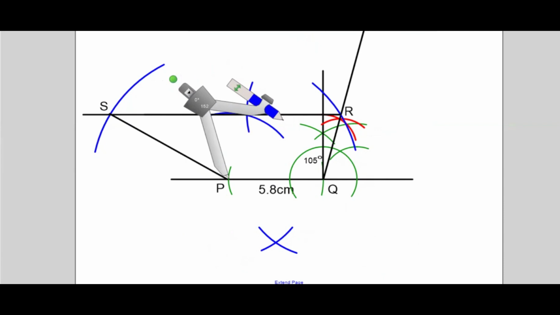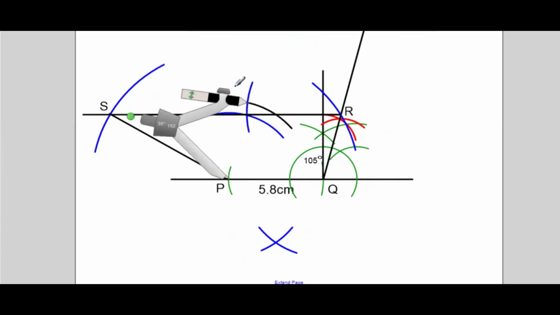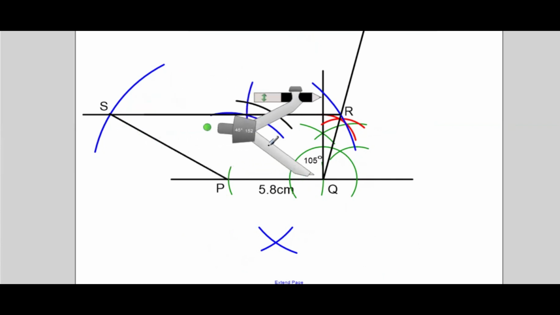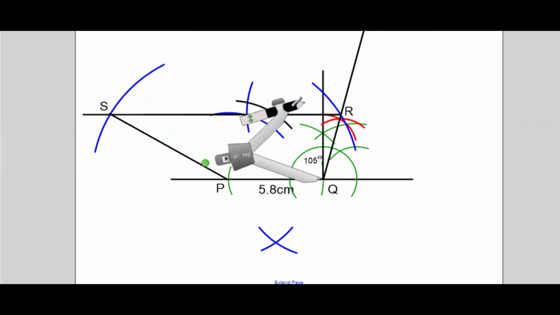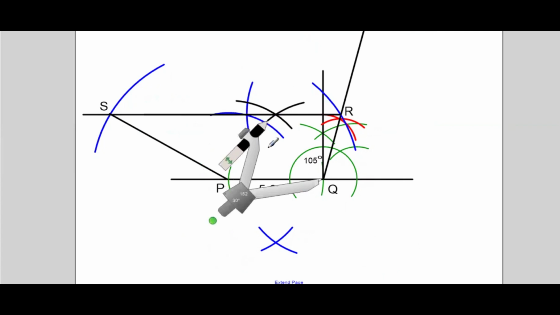Okay, let me change the color. So black. So construct an arc. I'll come back here. Okay, that's where we construct the arc.